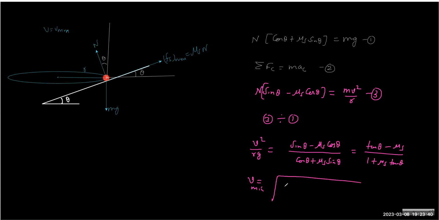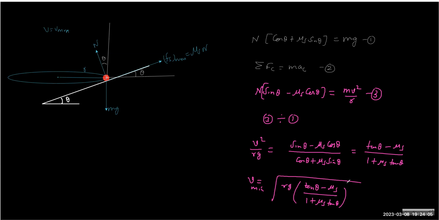The minimum turns out to be how much? Rg multiplied by the same expression. Well, this is also easy. I won't say this is difficult, but that is some elegant way of solving. So I call that the elegant solution. This is a solution by components, which is a trivial solution, but not elegant.